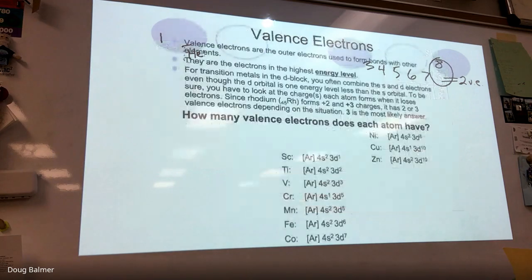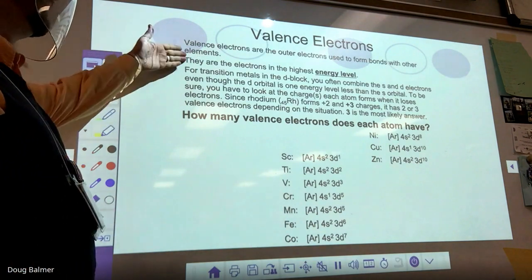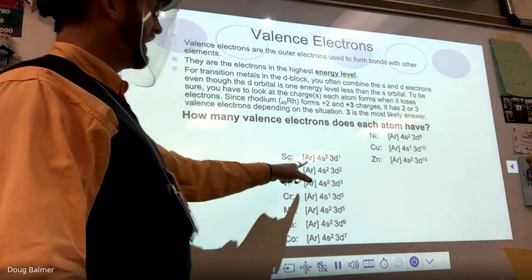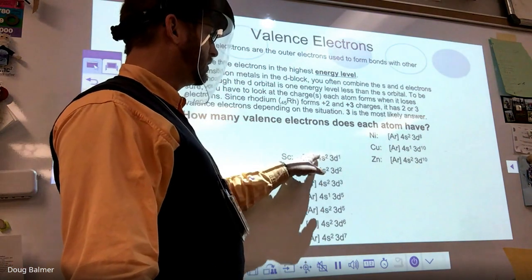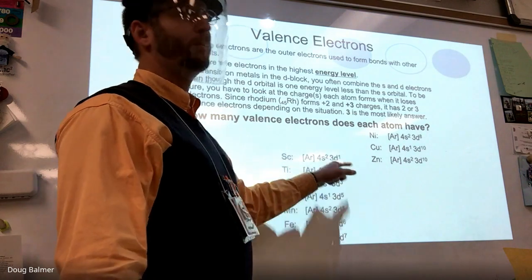Now, all along, we've been saying the d's are kind of weird. So let's talk about the d's. Technically, valence electrons should be the electrons in the highest energy level. But for transition elements, the s's and the d's are so close in energy, we really just oftentimes lump them together.